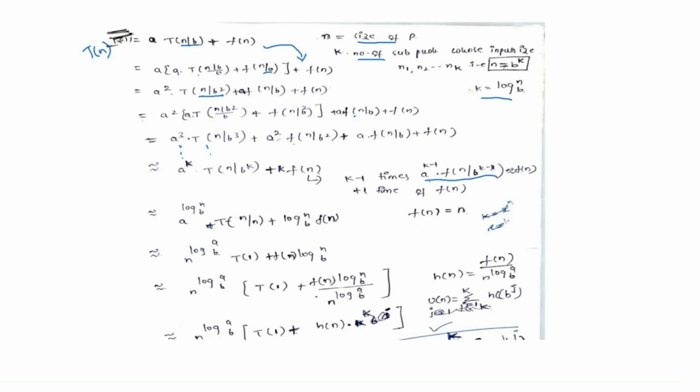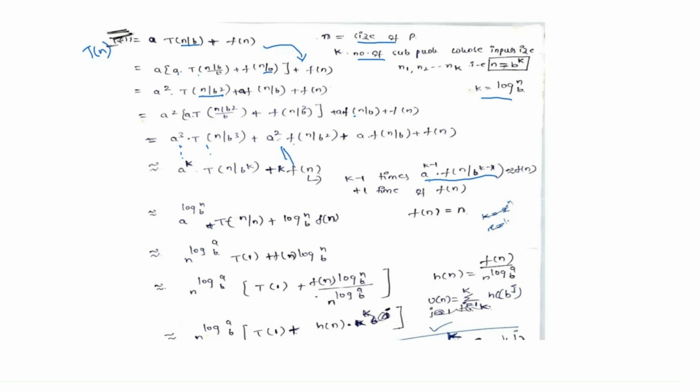However, to reduce the complexity of the equation, I'm assuming that this f(n) is being added k number of times, because k minus 1 times is approximately equal to k times. So I am saying that this is approximated as k·f(n). I am replacing the k value now.